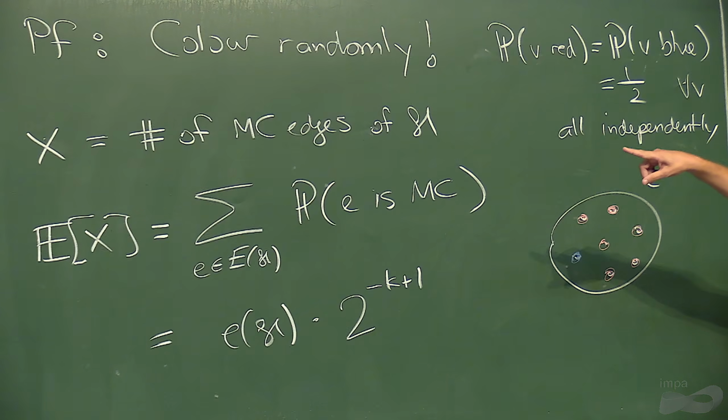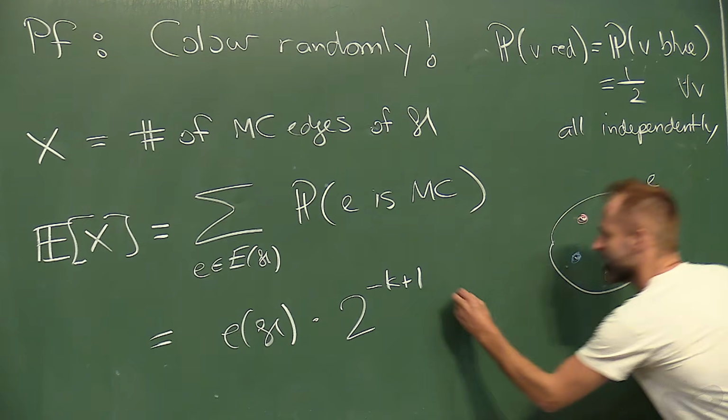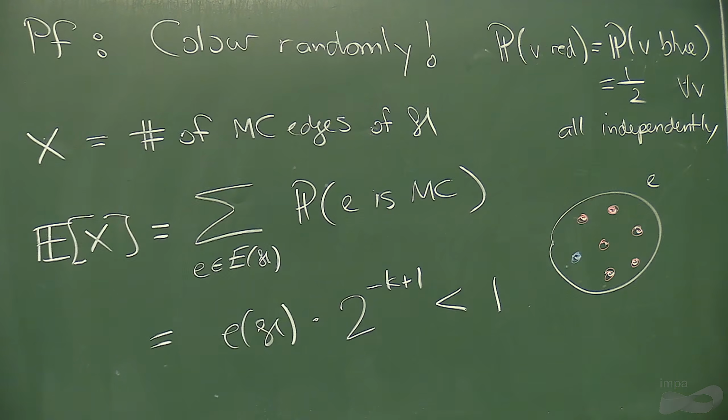But look, we assumed e of h was less than 2 to the k minus 1, so this number is strictly less than 1. Is it okay? Okay. Why are we happy? Why is this good?